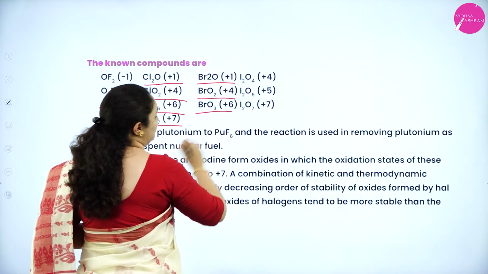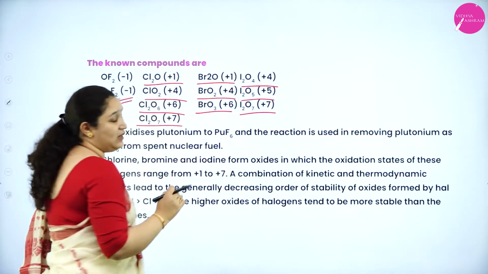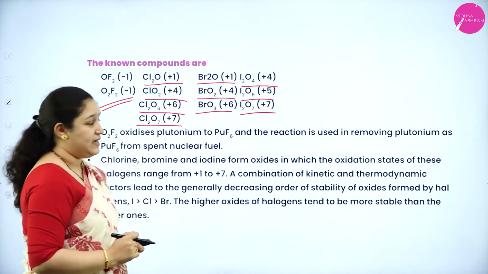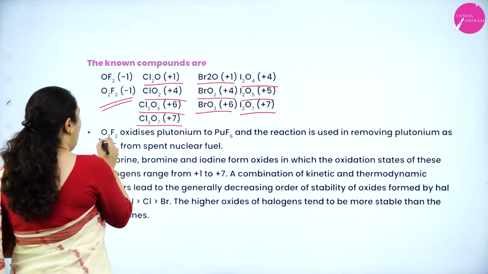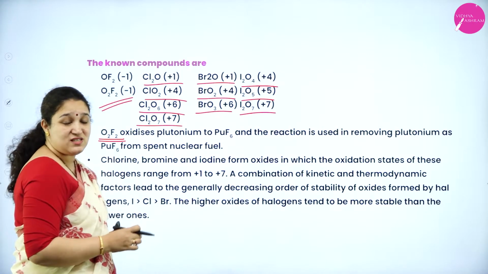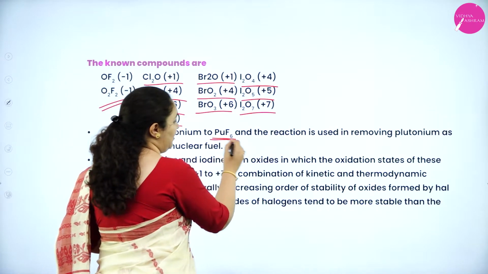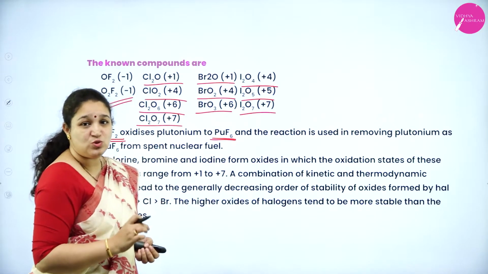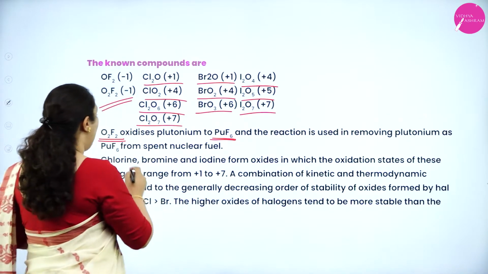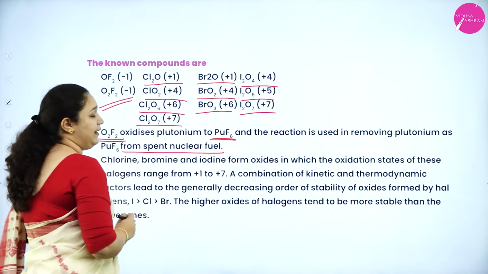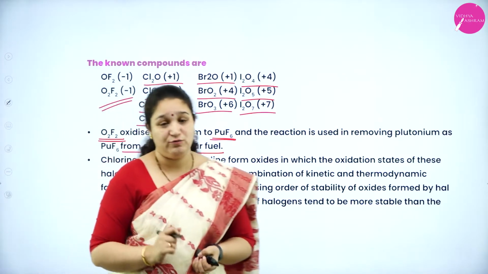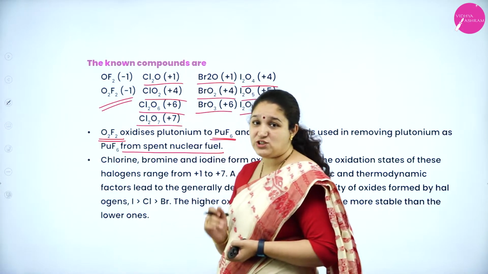Bromine will form 3. Iodine will form another 3 types of oxides. Here, O2F2 oxidizes plutonium to PuF6, and this reaction is used for removing plutonium as it is spent from the nuclear fuel. So this is a very useful reaction.